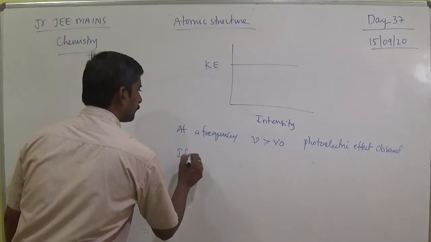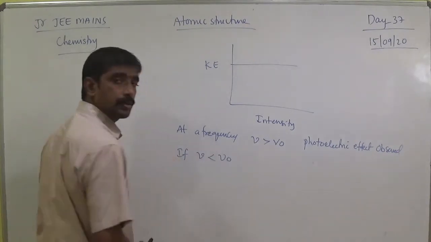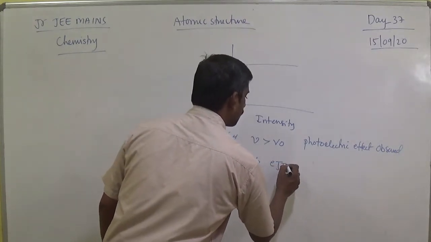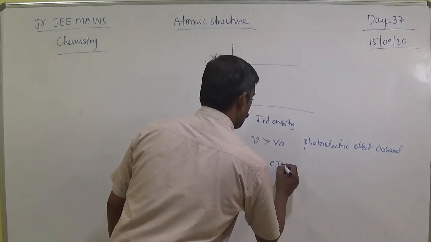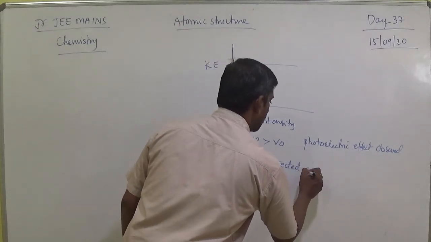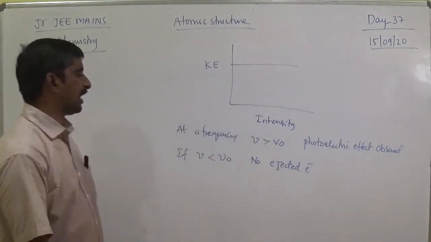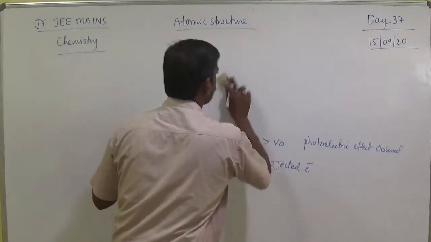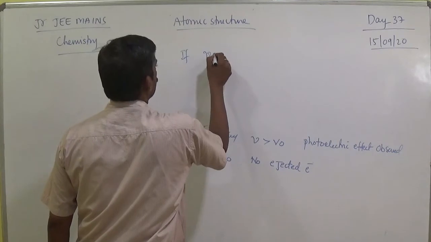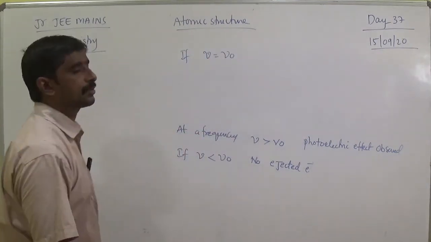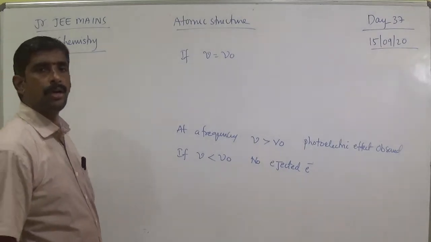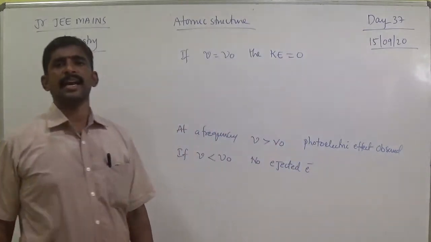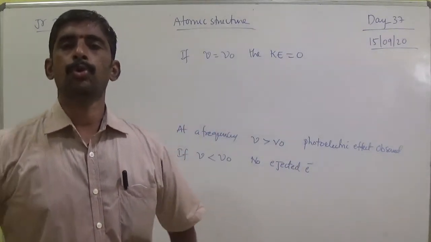If nu is less than nu naught, there are no ejected electrons. If nu equals nu naught, then K equals 0, meaning kinetic energy is 0.